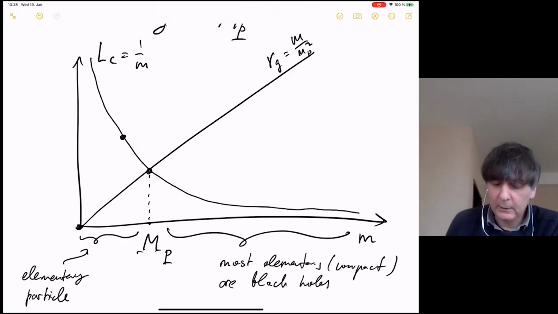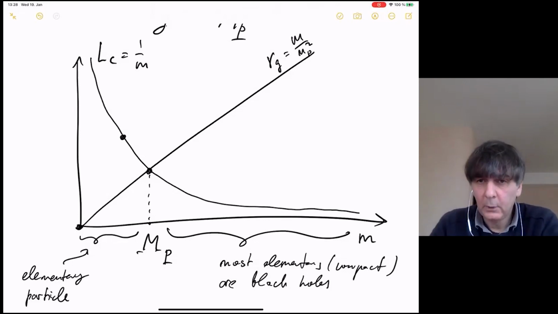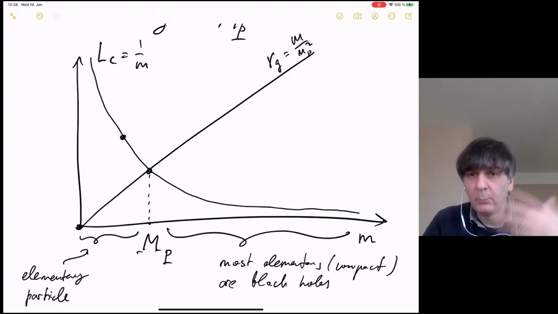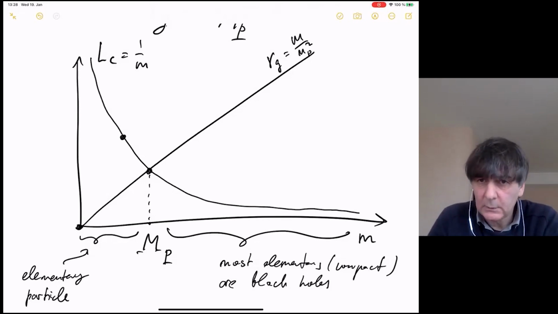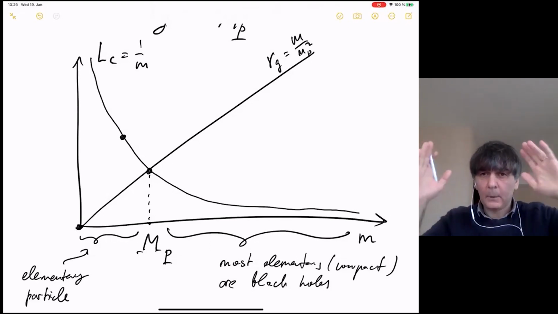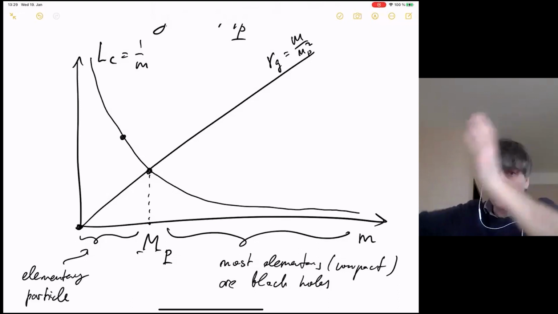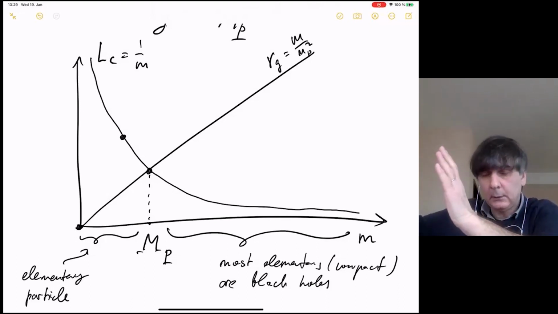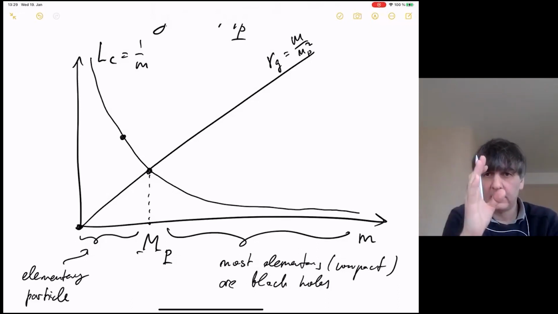So correspondingly, this is a domain of objects among which the most compact objects are classical objects. There is nothing more elementary than black holes. So it's like we have two worlds, the world of black holes as most elementary objects and the world of elementary particles.